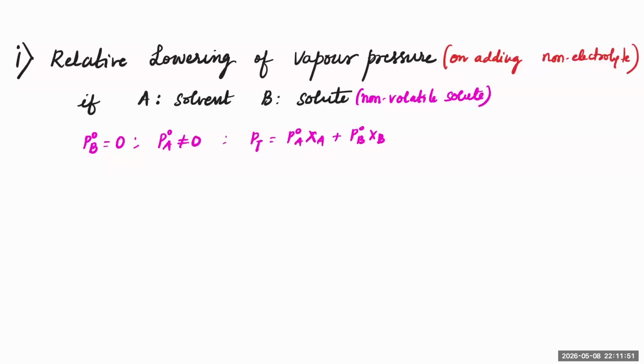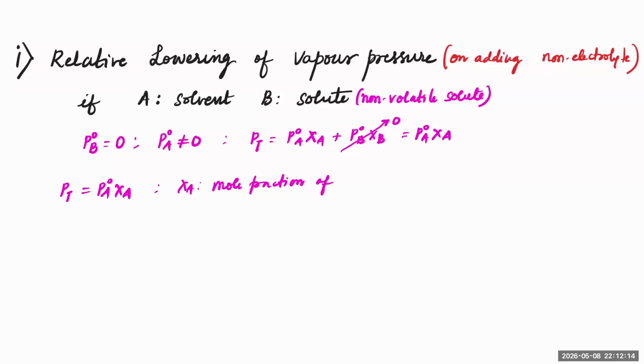Since P naught B is zero, this term is zero. So we'll get P naught A XA. So P total is simply P naught A times XA, where XA is the mole fraction of solvent.